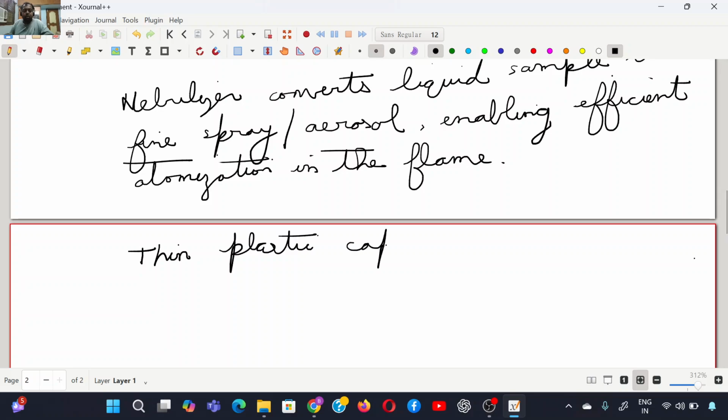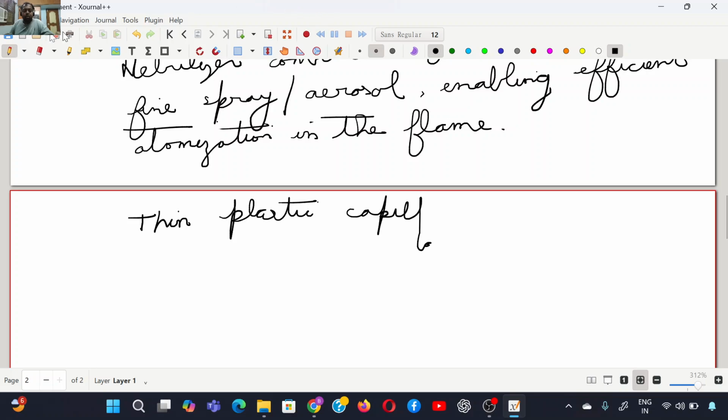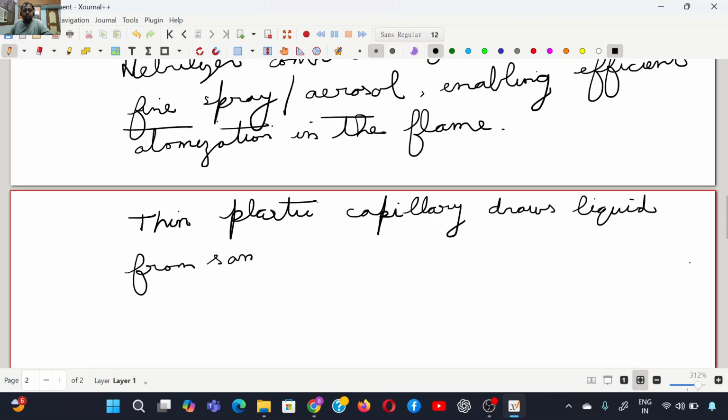There is a very thin plastic capillary of the order of say hundreds of microns. At the capillary, it draws liquid from the sample flask into the nebulizer.